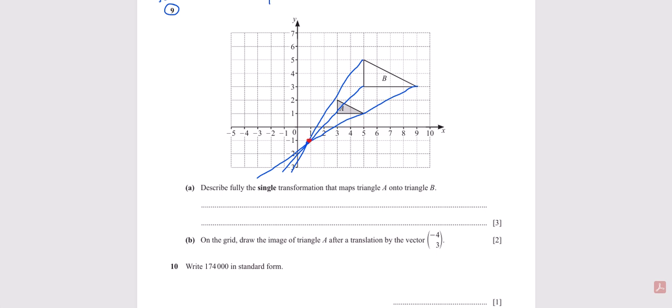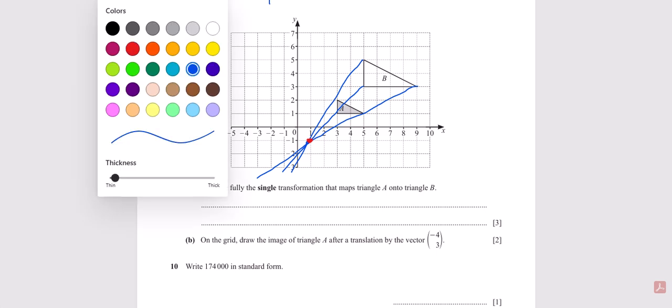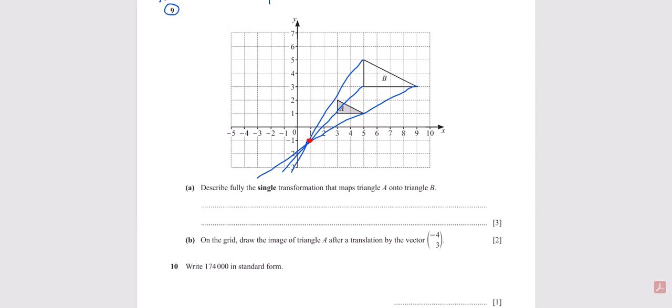All lines are meeting at this point. So this is 1 and minus 1. The center of these two triangles is 1 and minus 1.